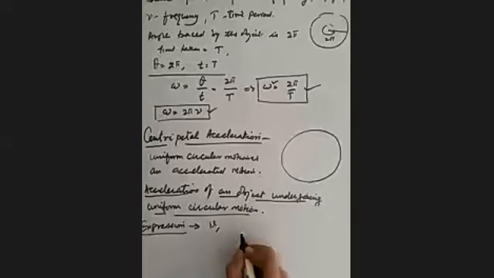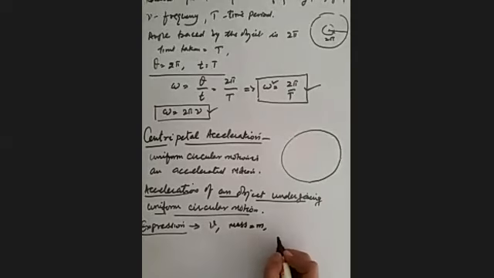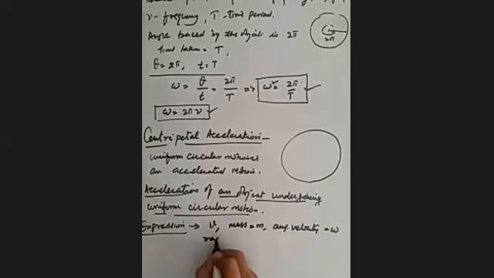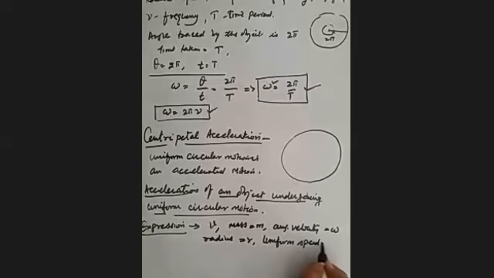So uniform speed is v. The mass of the particle is m. The angular velocity is omega, and the radius is r. So these are some of the quantities.